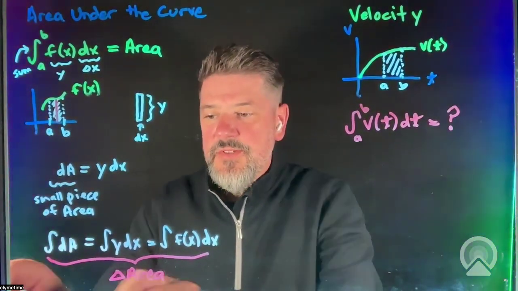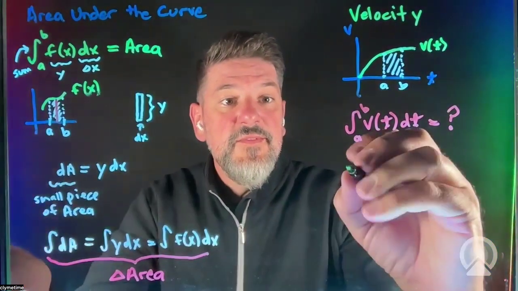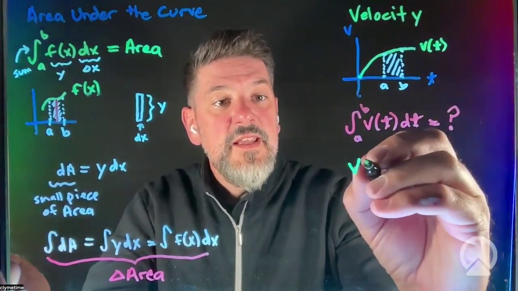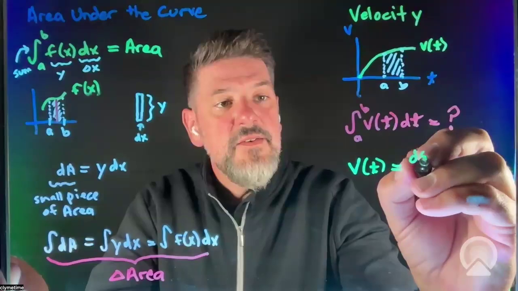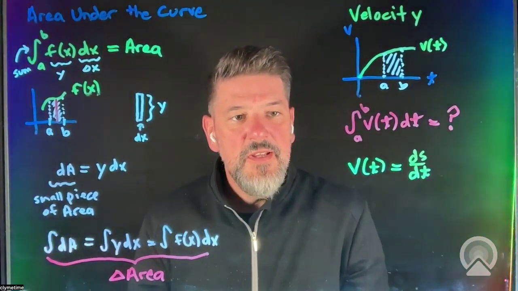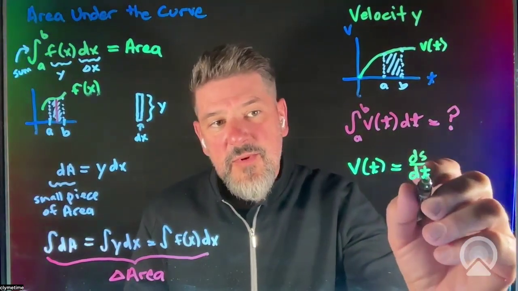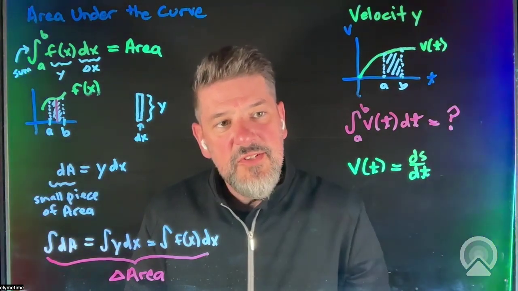Well, it's helpful to remember from earlier that instantaneous velocity is defined as ds over dt. It's the derivative of the position function. Another way to look at this is that it is the slope of the position function.